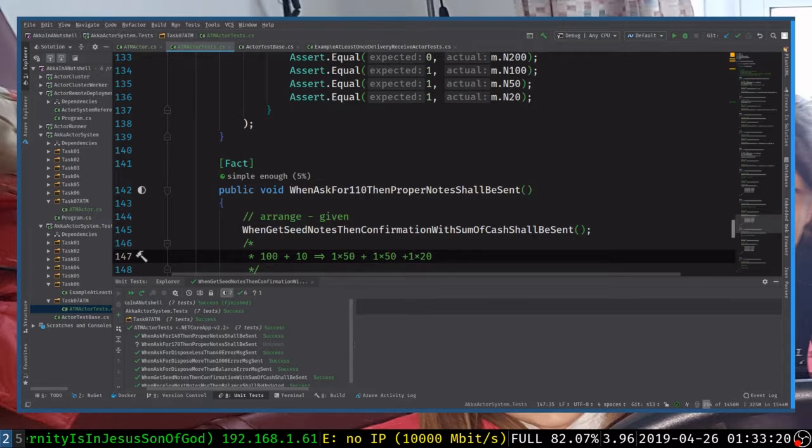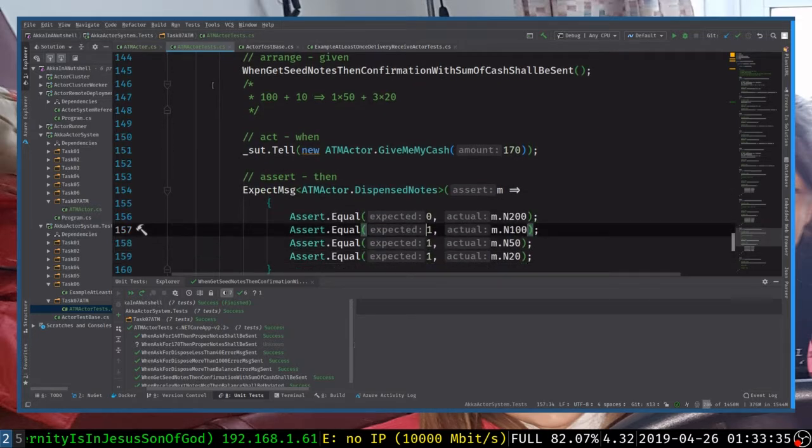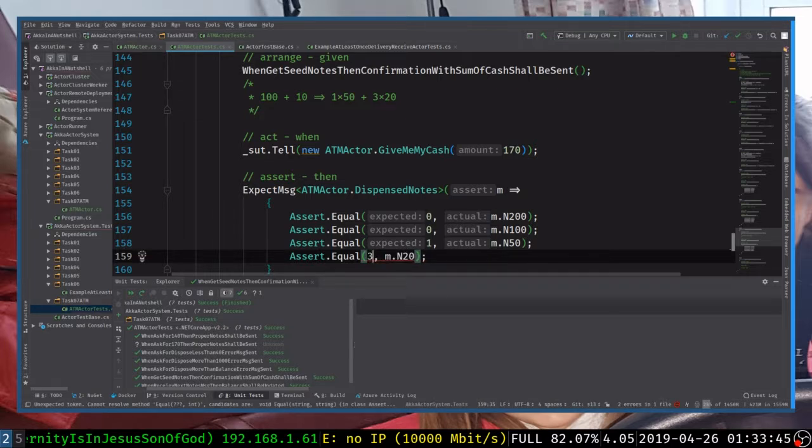So let's see what happened. Okay, so 110 is 3 times 20, so it's 60 plus 50. So we are expecting 0 hundreds, and we are expecting 3 twenties.